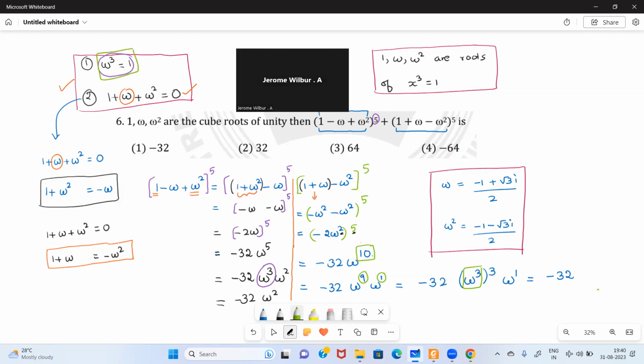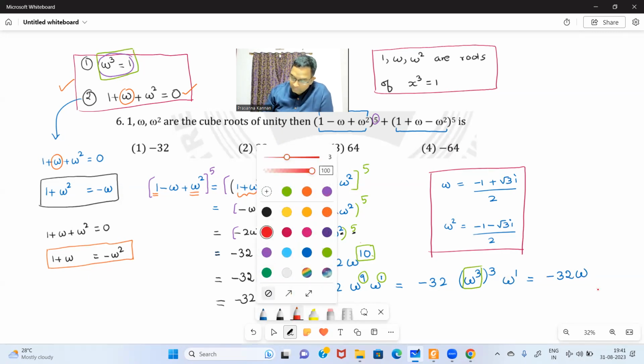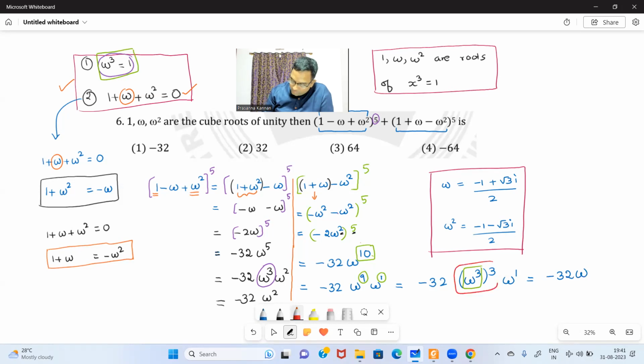So 1 cube is 1. So this entire thing becomes 1, right? So minus 32 into 1 into omega. That becomes minus 32 omega. Is it clear?